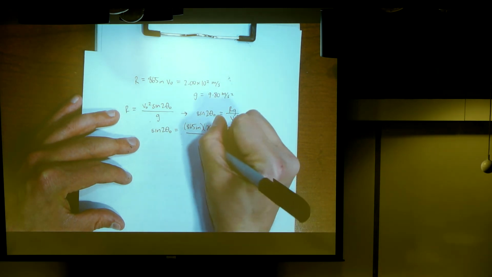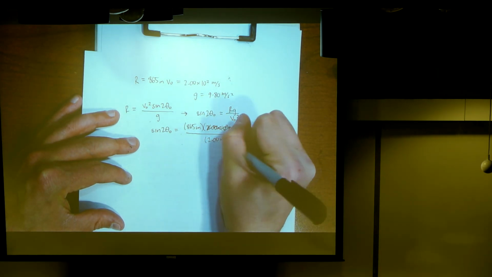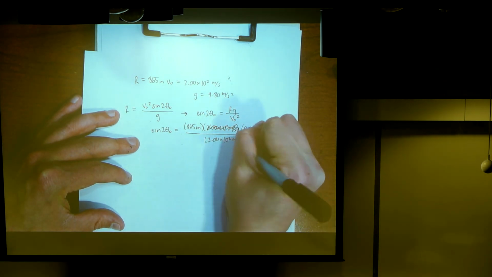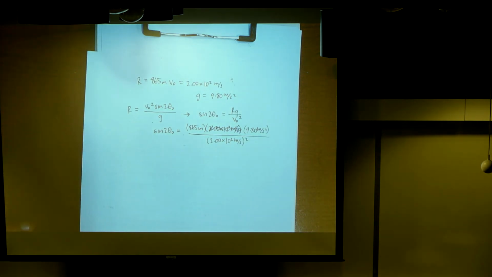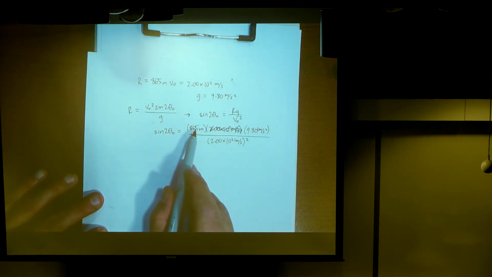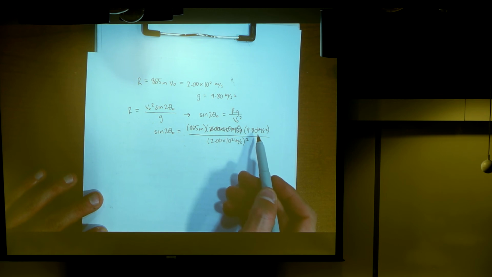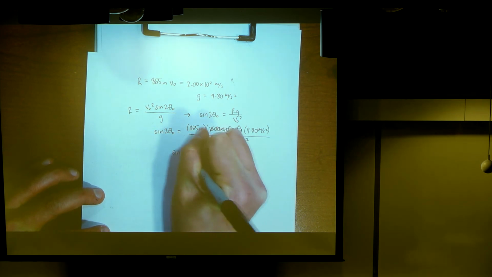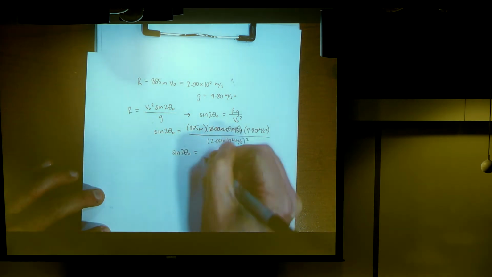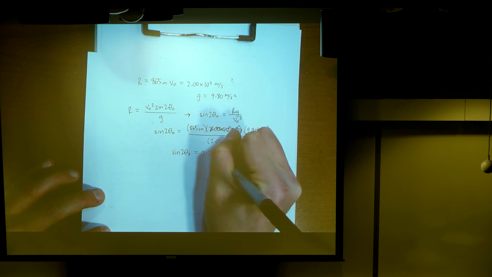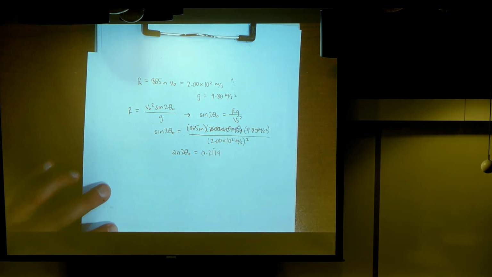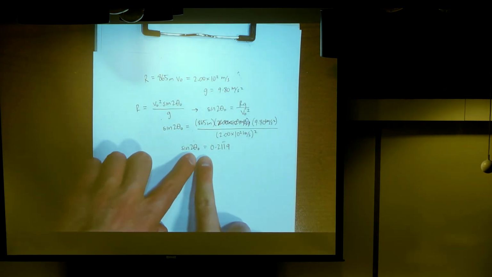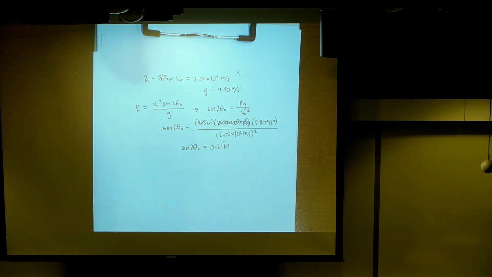So we have 200 meters per second, we square that on the bottom. Basically, try this. Punch in 865 times 9.8 divided by 200 squared. I hope you agree that you get 0.2119. So the equation we're trying to solve is sine of some angle equals 0.2119.